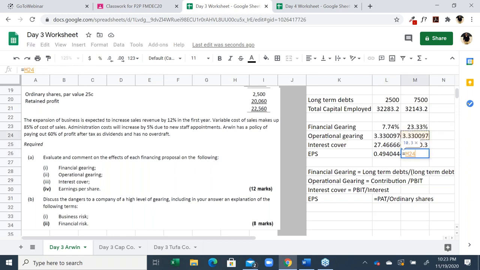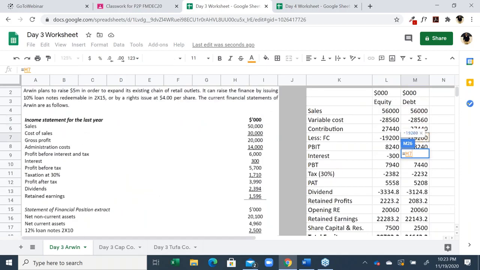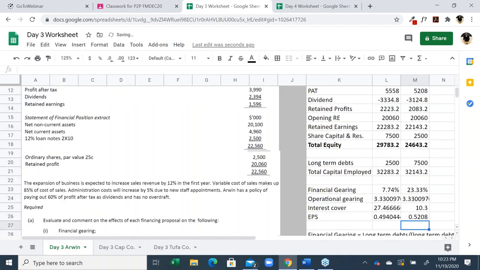In this case, the profit after tax figure is 5208 and the number of shares will not change. It will still be 10,000. So no need to change. 0.5208. So that's how we will do the calculation part, but that's not it.